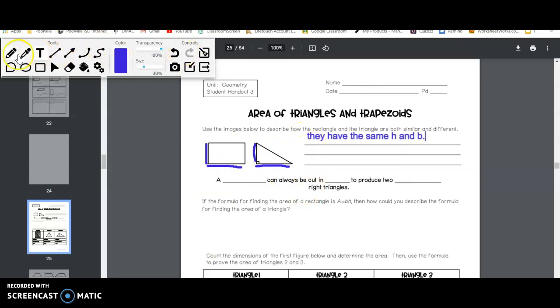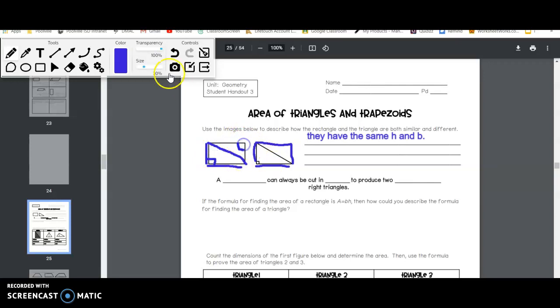But if we pay attention and look really closely, we can tell that this right triangle is only half of a rectangle. If I were to complete the shape, you would need two right triangles in order to make a rectangle. And if you take a rectangle and cut it in half, corner to corner, then it gives you two right triangles.